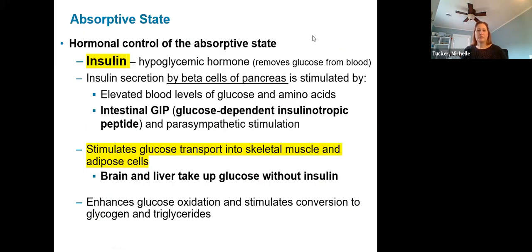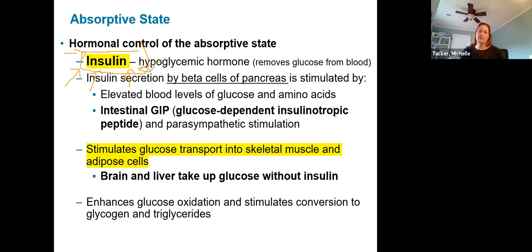The hormonal control of the absorptive state. The absorptive state is under insulin control. Post-absorptive, the other one where we're fasting-ish, is going to have hormones and nervous system. But for the absorptive state, all roads lead through insulin.